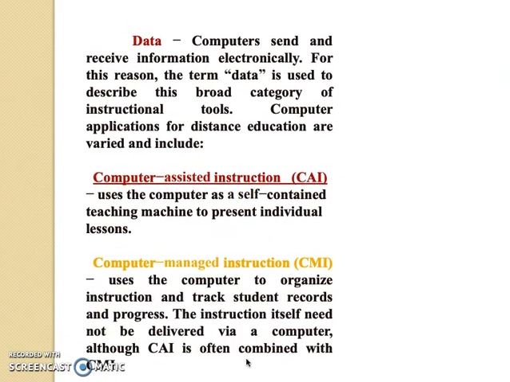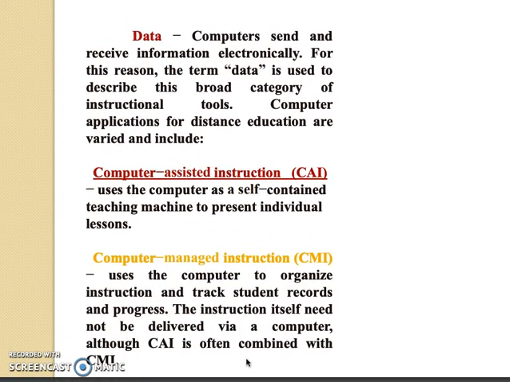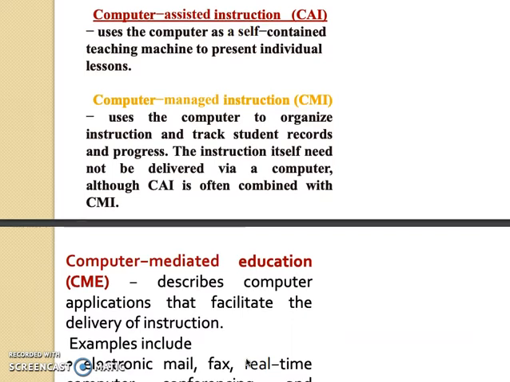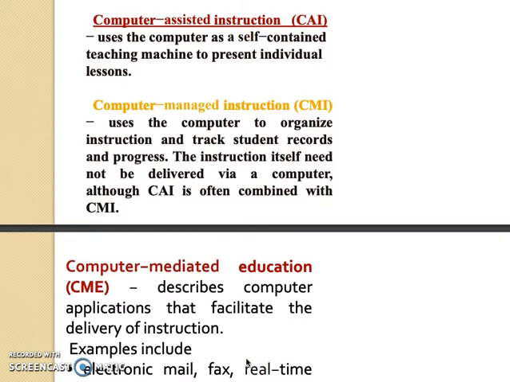In the next step, you can see the data. You can use data to conduct online lessons and, of course, computer-assisted instruction, in abbreviation called CAI. It uses the computer as a self-contained teaching machine to present individual lessons.